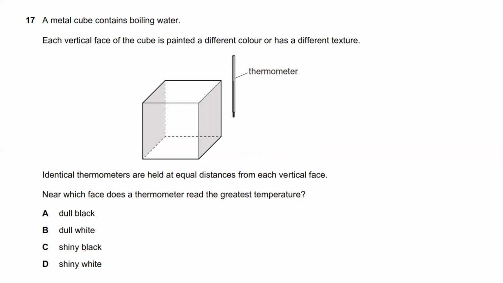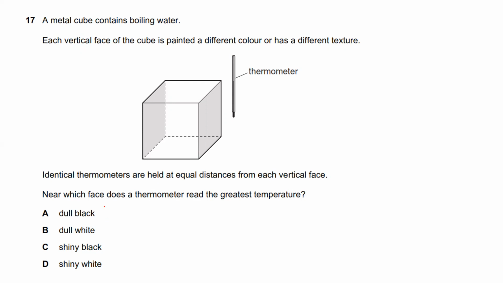So remember, a white surface is a poor absorber and radiator of heat. Similarly, a shiny white surface is an even poorer absorber and radiator of heat. It's only a good reflector of heat. Similarly, a dull black surface is a good absorber and good radiator of heat. And a shiny black surface is a good absorber and good reflector of heat as well.